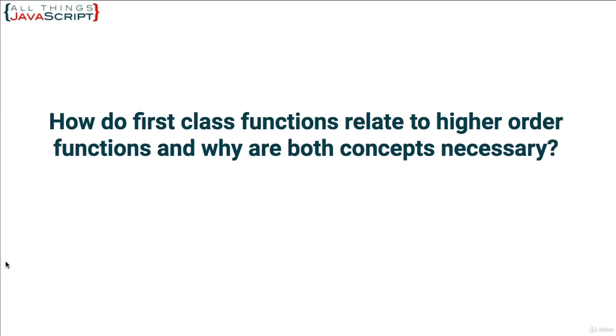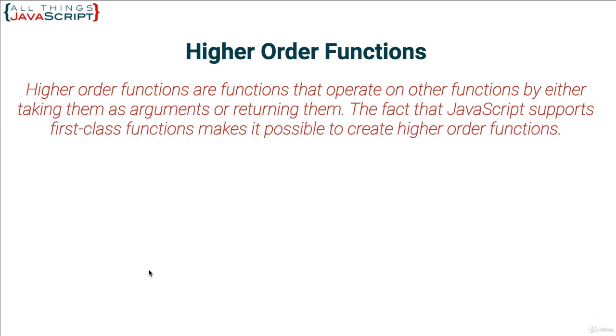So how does this concept of first class relate to the concept of higher order functions? And why are the concepts necessary? Well, let's first take a look at a definition of higher order functions. So higher order functions are functions that operate on other functions by either taking them as arguments or returning them using the return statement.